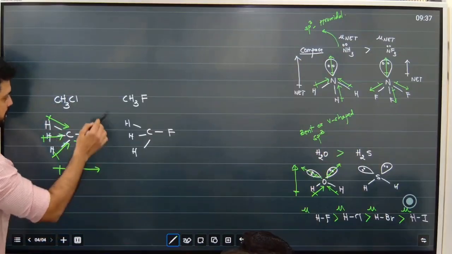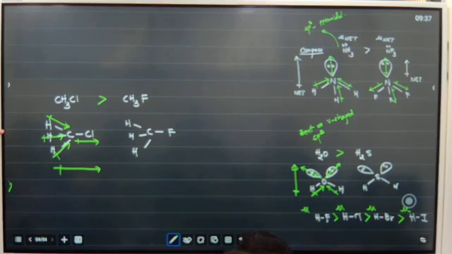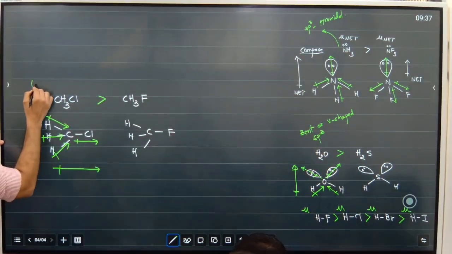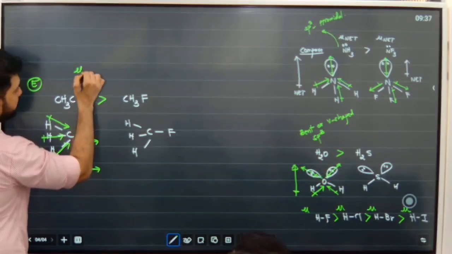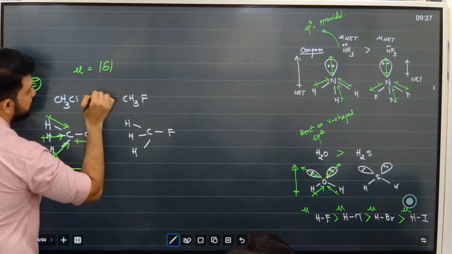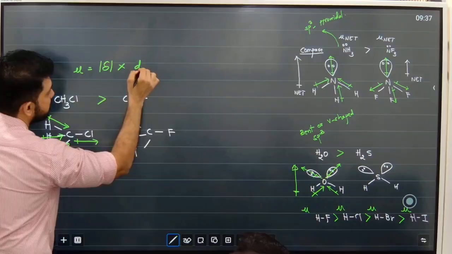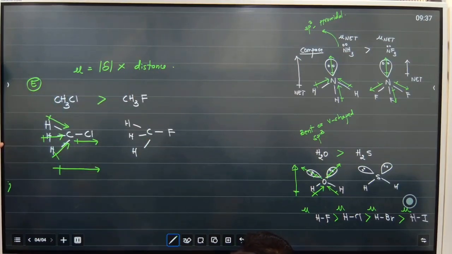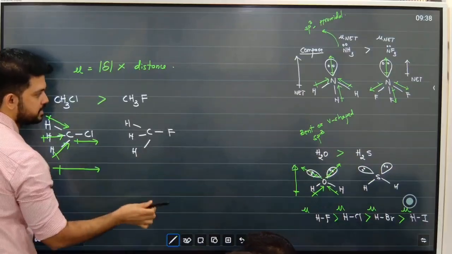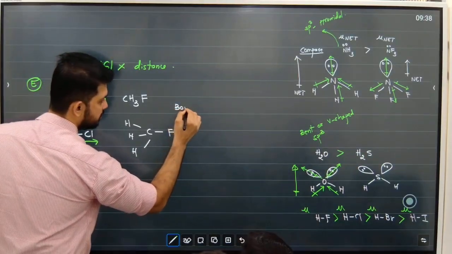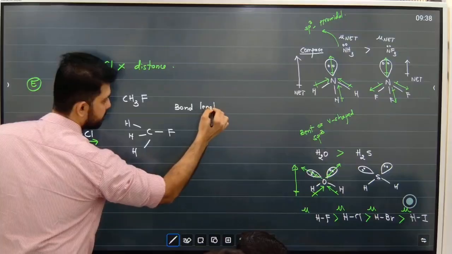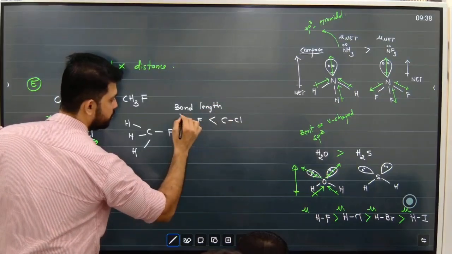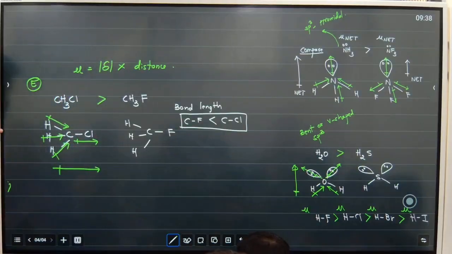But the problem here is the net dipole of CH₃Cl is more than CH₃F. Now why is that? Remember, dipole is a product of magnitude of charge and distance. The distance or the bond length of C–F is less than the bond length of C–Cl.